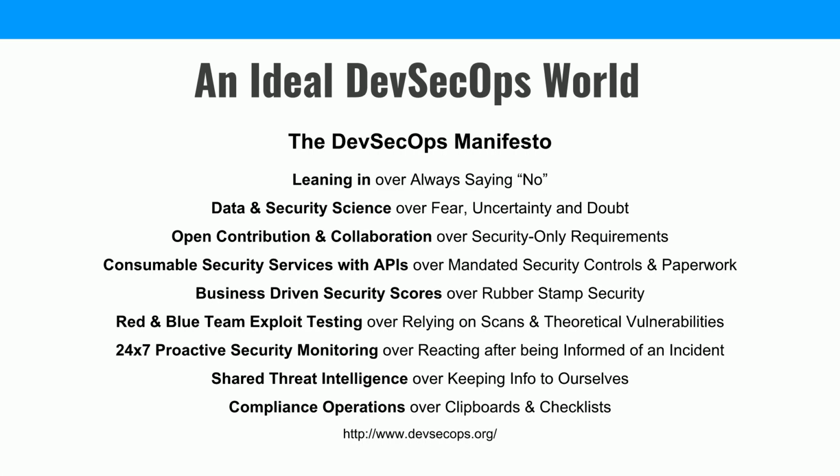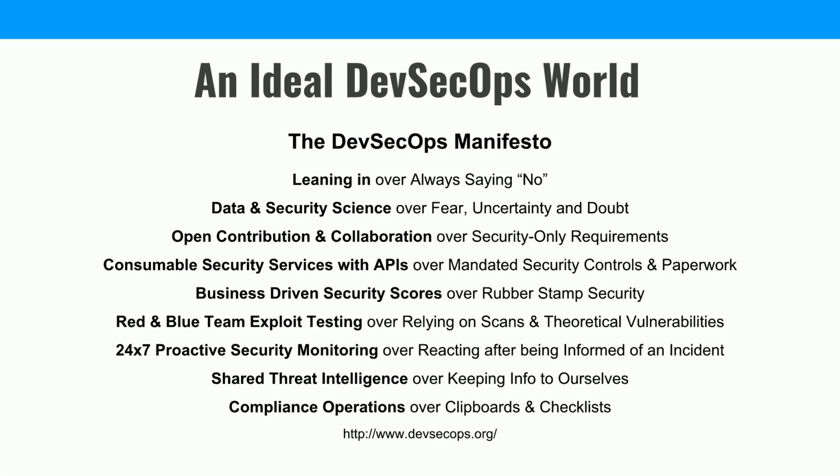Being open and contributing with collaboration. Consumable security services with APIs over throwing hardware at problems and whatnot. Red and blue team exploit testing, proactive security monitoring, shared threat intelligence, and compliance operations.